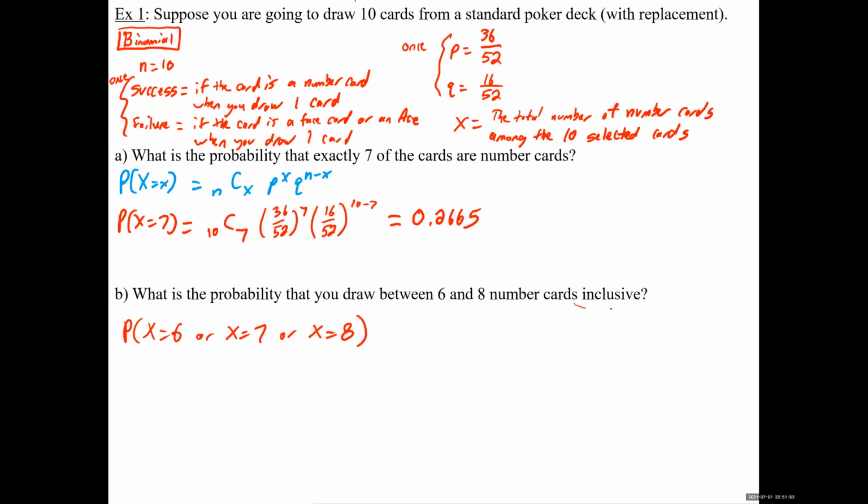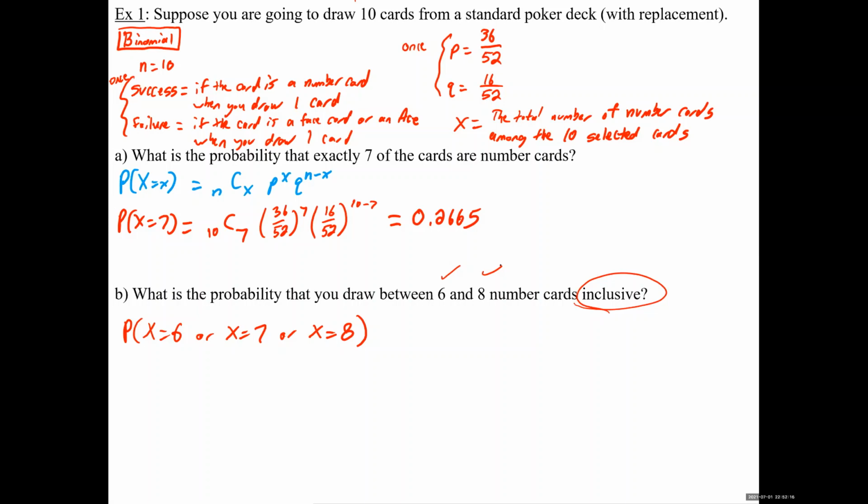Also, I guess I should talk about the word inclusive real quick. Because there's two meanings for what between means, okay? When you say between 6 and 8, could 6 and 8 be possible or not? If you say something is between 6 and 8 and it's not 6 and it's not 8, but it's between, then it would have to be 7.